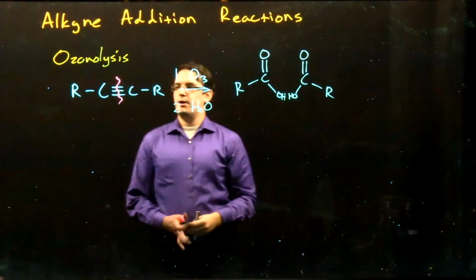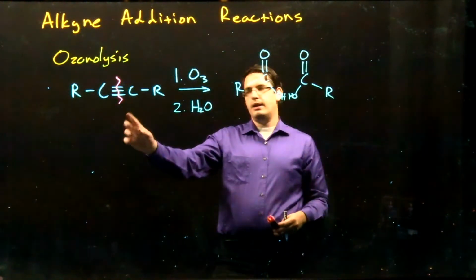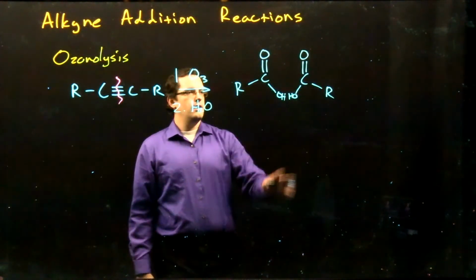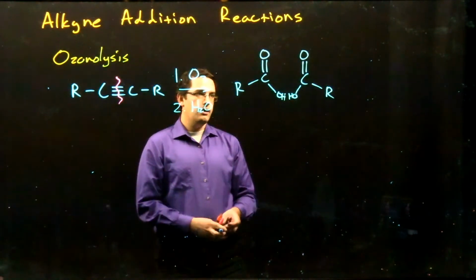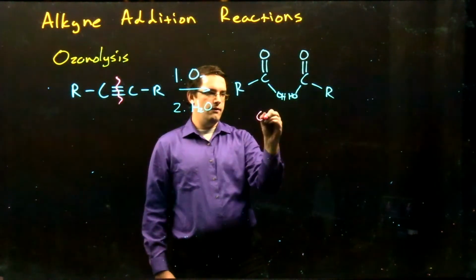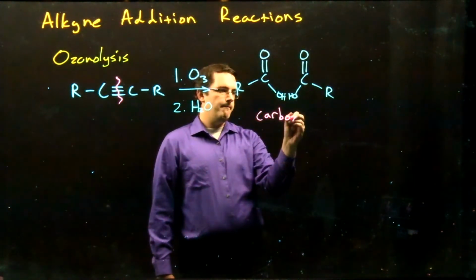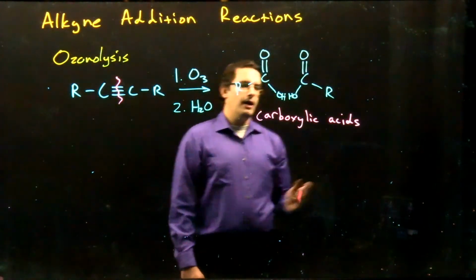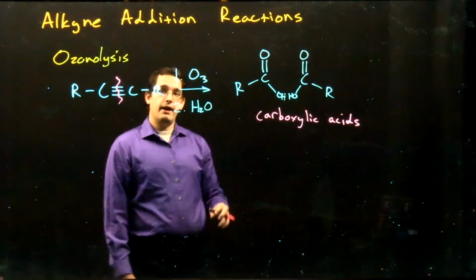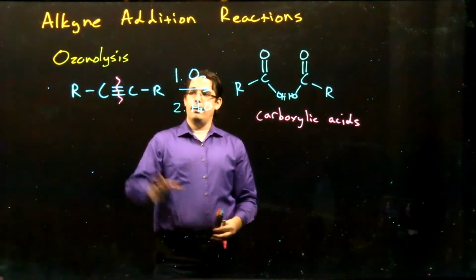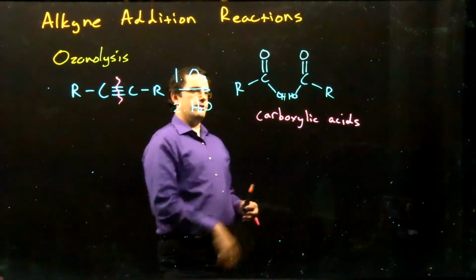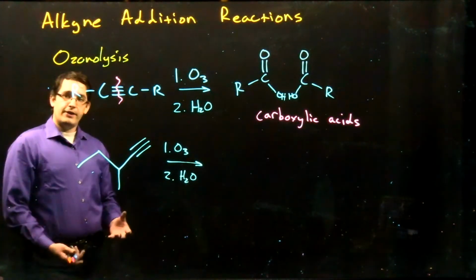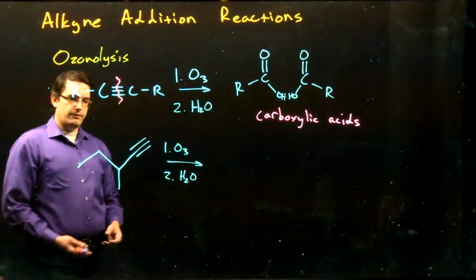So our carbons start with 3 bonds to the other carbon. This gets split, and we add in 3 bonds to oxygen to make what we call carboxylic acid functional groups. So we go from our alkyne to our carboxylic acid, and we also are going from a larger molecule into 2 smaller molecules.